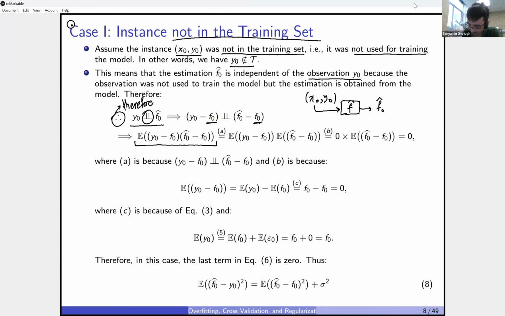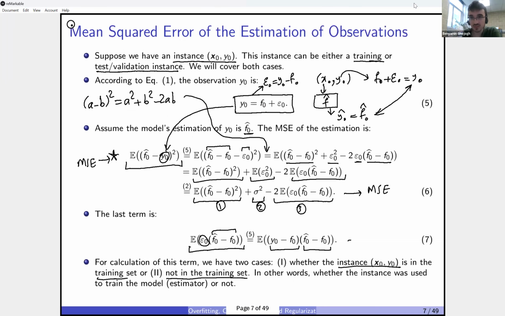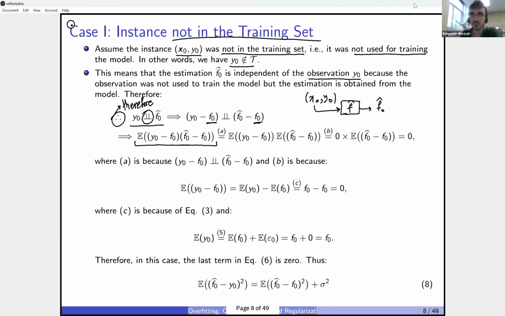Now let's consider the third term, back to where we were in equation 7. I want to simplify the third term in the mean squared error, which is equation 7. We have a multiplication of these two terms in the third term of the mean squared error, but we saw that they are independent. So we know that if x and y are independent, then expectation of xy equals expectation of x times expectation of y.